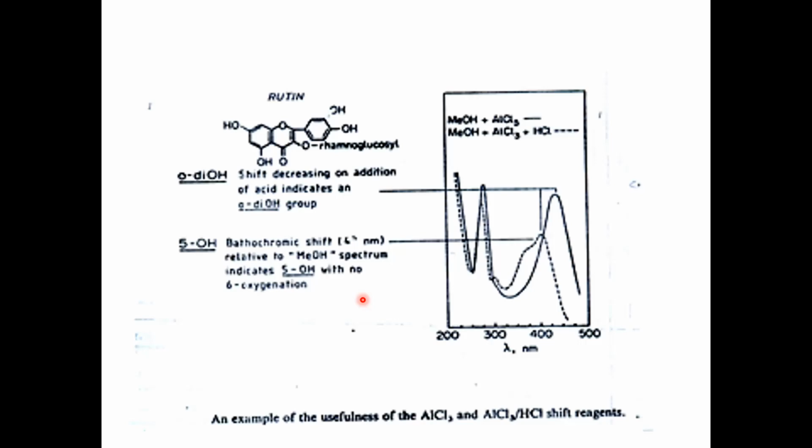This can be used to confirm the presence of an ortho dihydroxyl system in this type of structure. As you can see here, this shift in band 1 is due to addition of aluminum chloride. However, with addition of HCl, this shifting decreased, meaning that we have ortho dihydroxyl system.